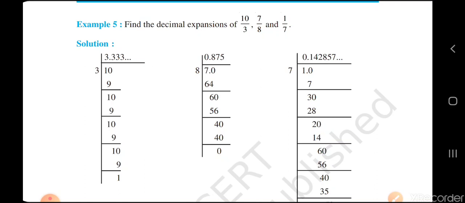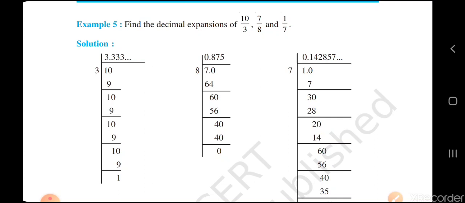If the remainders repeat, then we get a repeating block of digits in the quotient. In 10 upon 3, 3 repeats in the quotient, and in 1 upon 7, 142857 is one block, and this block repeats in the quotient.